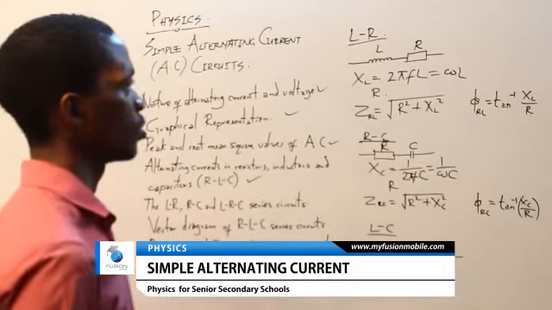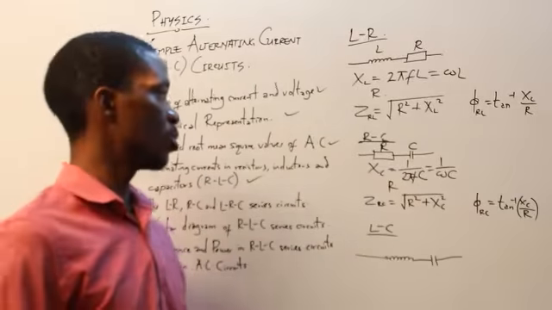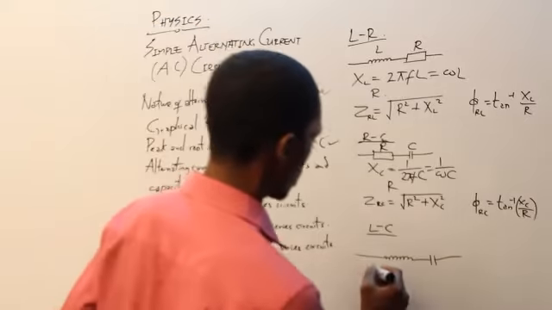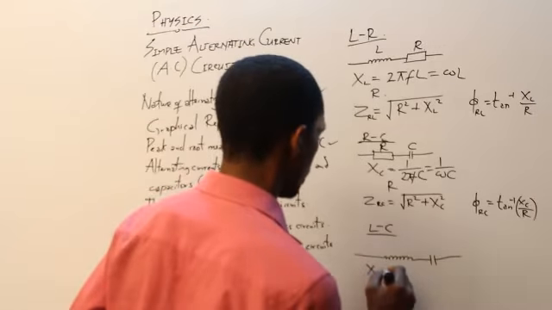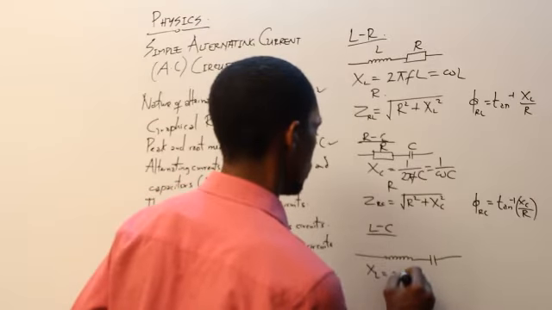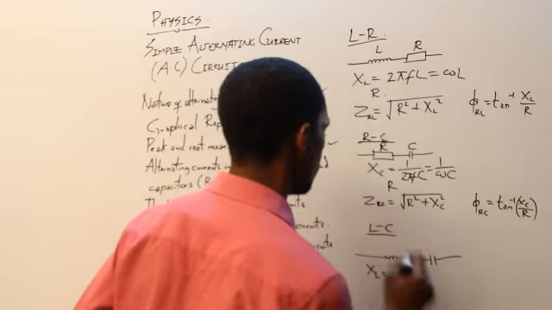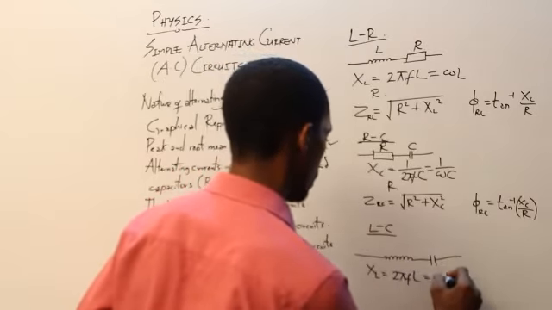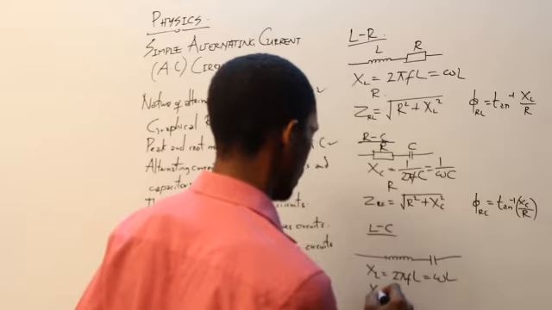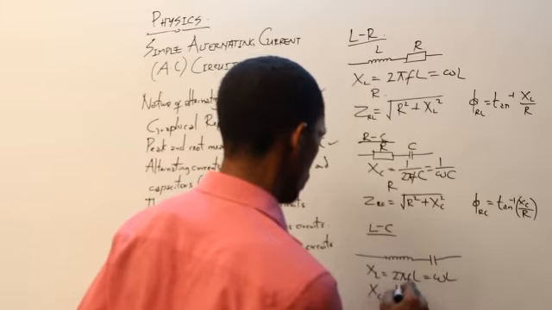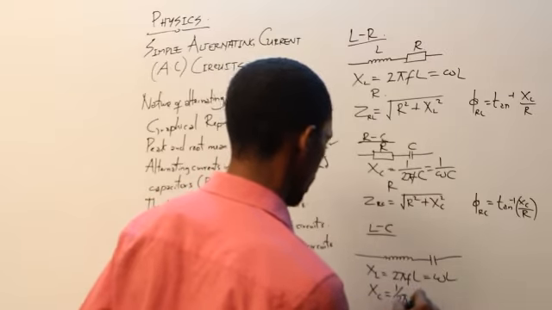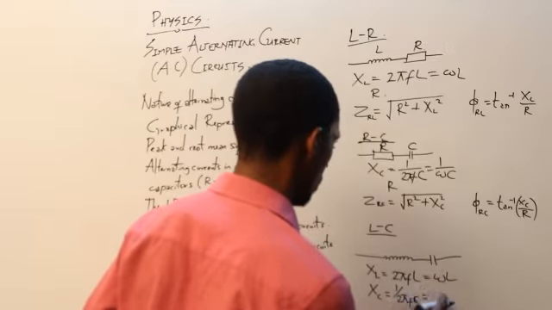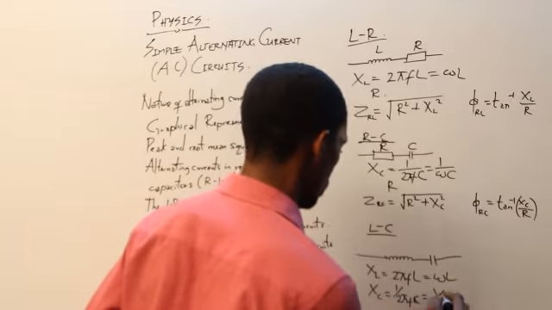Now, it should be noted that our inductive reactance will be calculated as 2 pi FL, which is also the same thing as omega L. Our capacitive reactance will be calculated as 1 over 2 pi FC, which is the same thing as 1 over omega C.